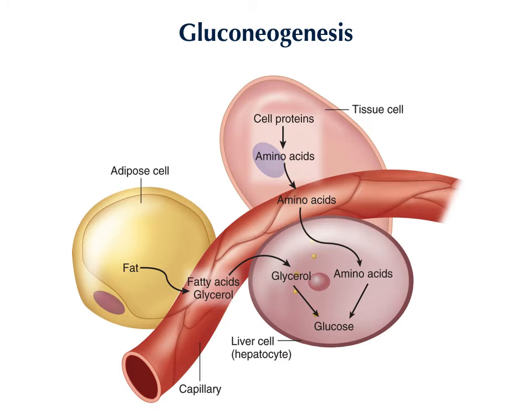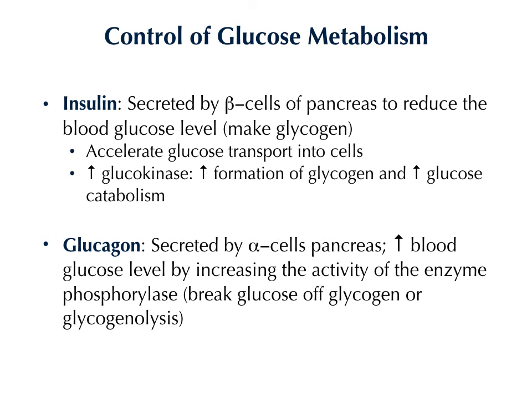And here we see tissue cells and adipose cells and hepatocytes all synthesizing glucose from non-carbohydrate precursors, the process known as gluconeogenesis, and putting glucose or raising our blood glucose levels. And you need to remember that our control of glucose metabolism occurs through hormonal control.